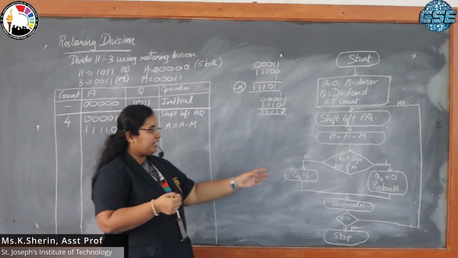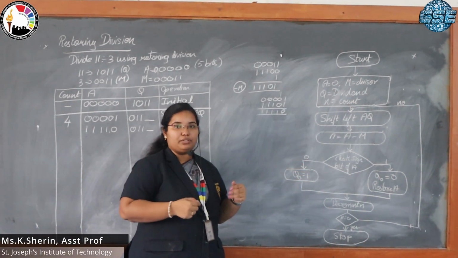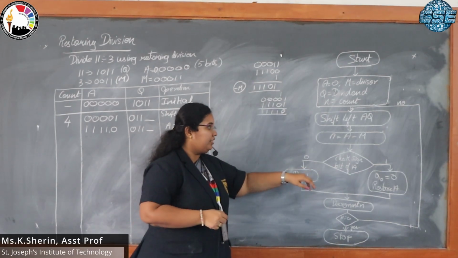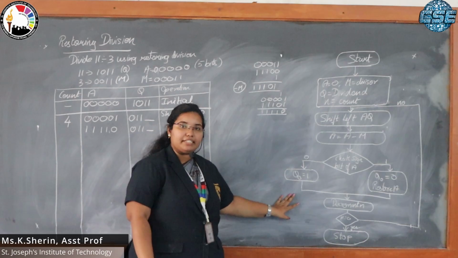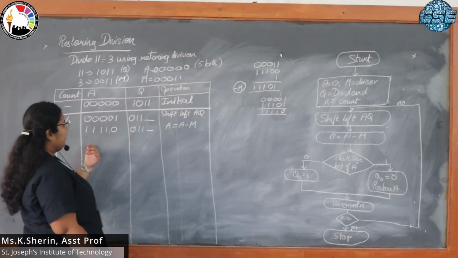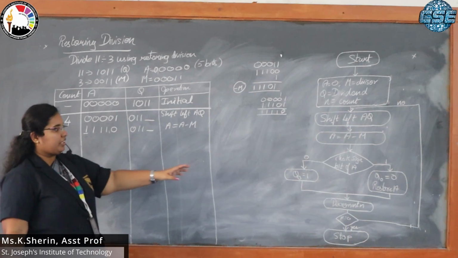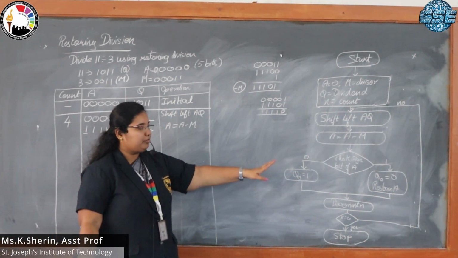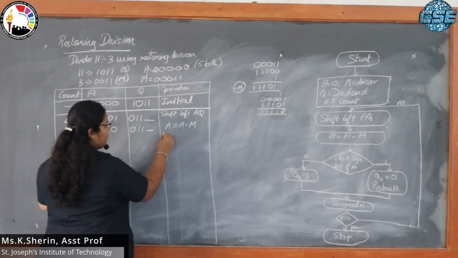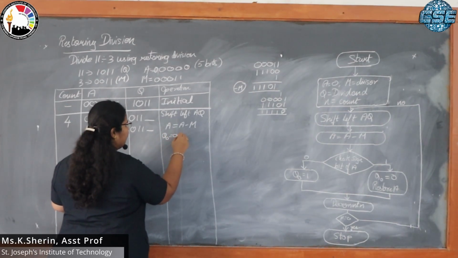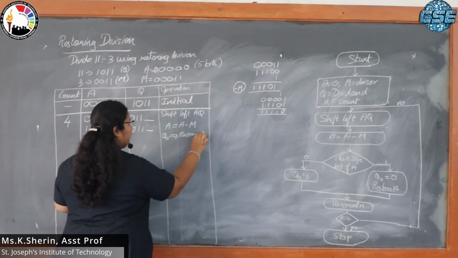So I am supposed to write Q0 is equal to 0, and the next should be restore A. If my sign bit of A is 0, I am supposed to write Q0 is equal to 1. So my sign bit is 1 over here. From the flowchart we can see that Q0 should be 0 as well as restore A. So I'm supposed to write Q0 is equal to 0, and similarly restore A.